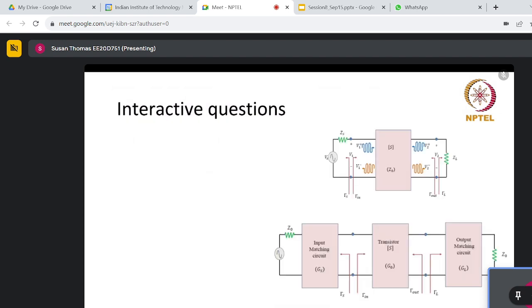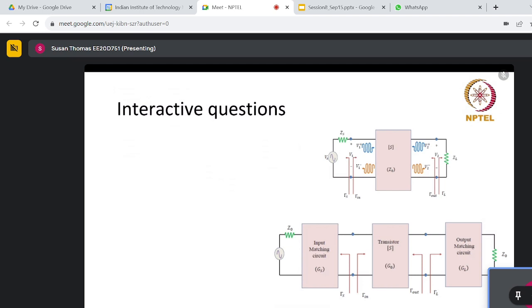I would like to have a short discussion of some of the basics about microwave amplifiers and oscillators so that we will be able to go through a few MCQs, basically the conceptual based questions, and also a very few numericals.